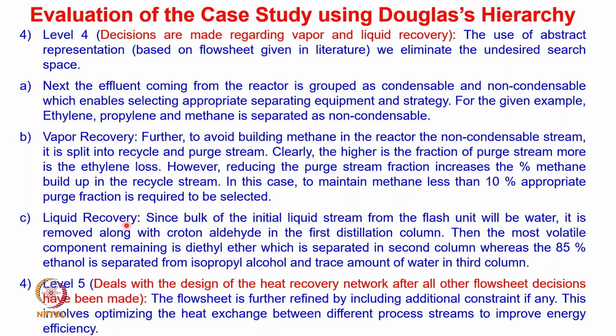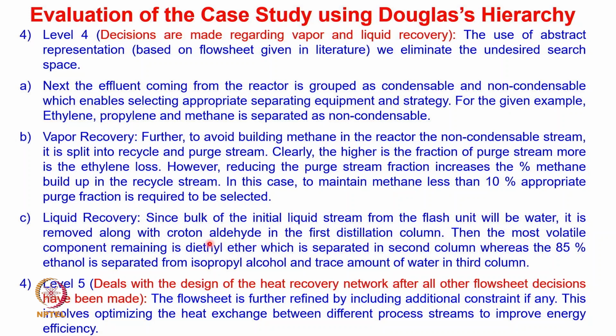Similar to the vapor recovery, if you look at the liquid recovery, the liquid which is coming out from the flash unit will be primarily water rich, and this water rich stream will be first sent to the distillation column, where predominantly the water is removed along with the crotonaldehyde in the first distillation column. Then the remaining components present in the distillate will primarily have the volatile compound like diethyl ether.